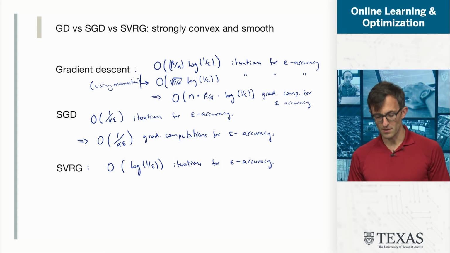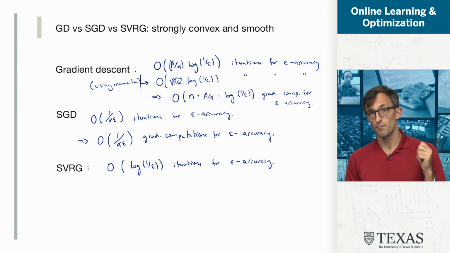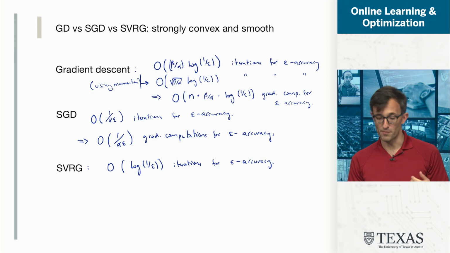So how does that happen? Well, it happens because we're paying a bigger price per iteration. Remember that one loop through SVRG, as we wrote on the previous slide, doesn't take a fixed number of steps. It takes n plus t, where t is the number of iterations, and we're choosing t to be a multiple of beta over alpha.